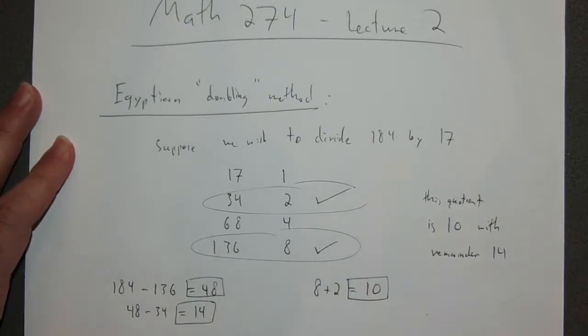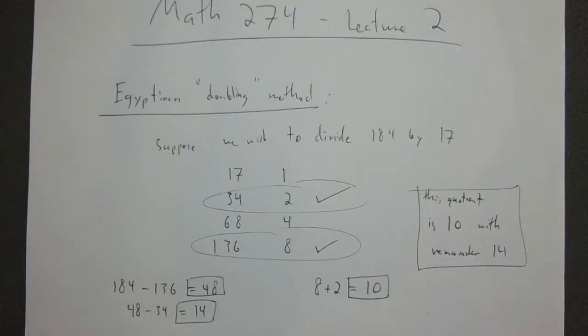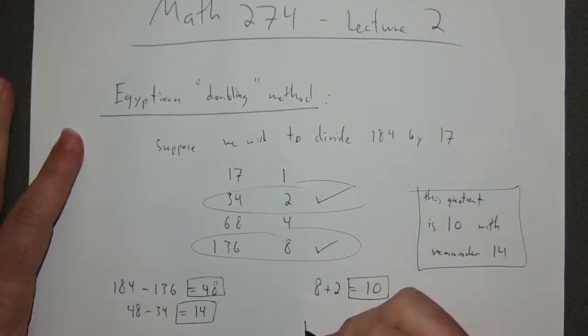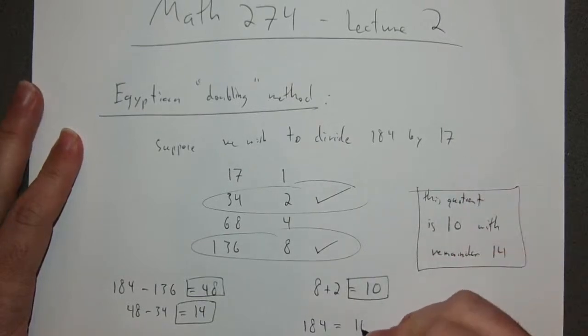And of course, you can check that that is indeed exactly what you get here. Now think for a second why that works and how you could reproduce this. In fact, if you were to write this out, all this is saying is that 184 is 10 times 17 plus 14.